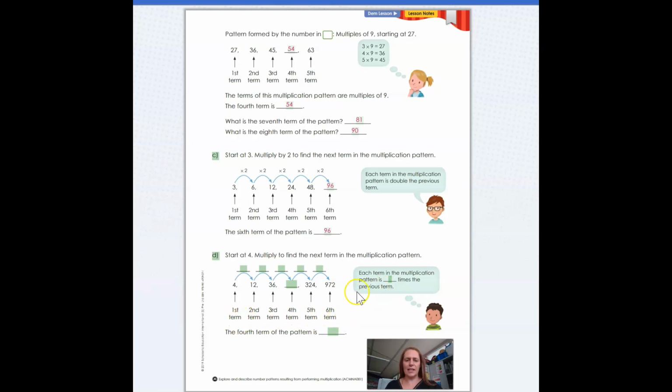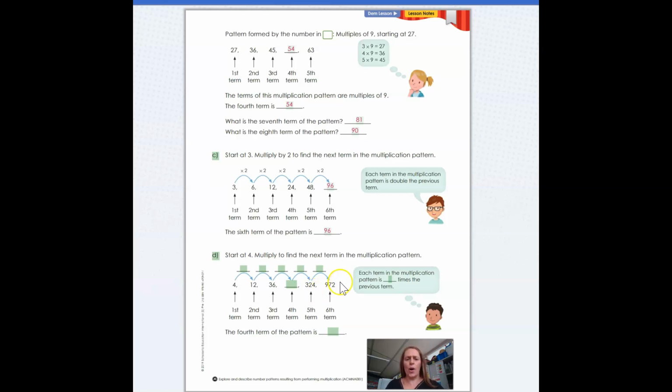Okay, so we need to understand, it says here in the bubble, each term in the multiplication pattern is something times the previous term. All right, so 4, 12, 36, something, 324 and 972. We have a number pattern. This is when you get your pen, your paper, and you start scribbling all over it to find out what it is.